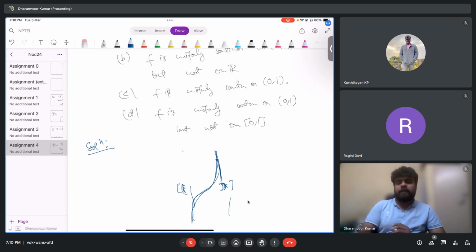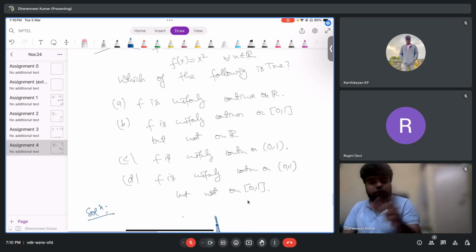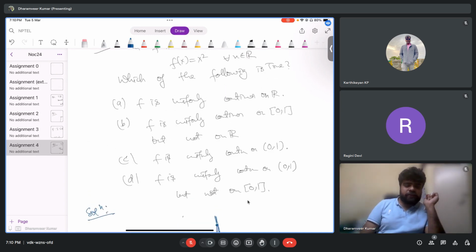There is a maxima and a minima on a compact set, or for a simple example, a closed and bounded set. We were talking about the closed interval: a continuous function maps a closed interval to a closed interval. We'll do that.